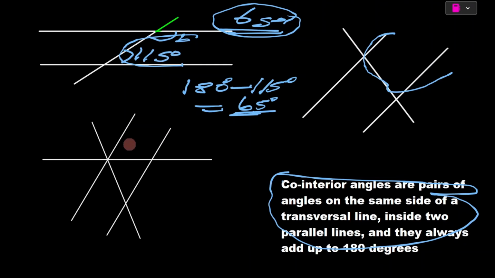So likewise here, if you look at this angle, our C is facing here. Any angles, assuming angle C and angle A, these two angles always equal 180 degrees and they are called co-interior angles.